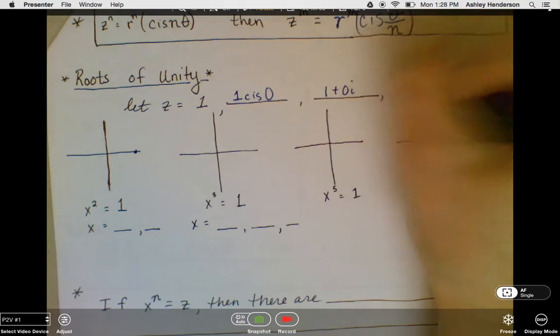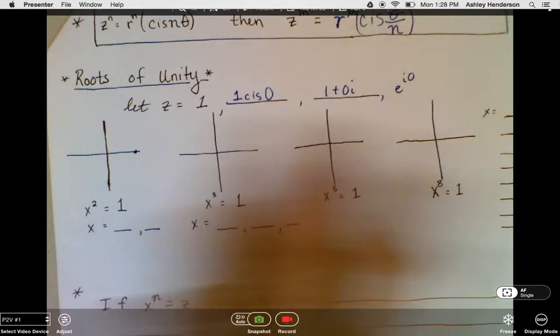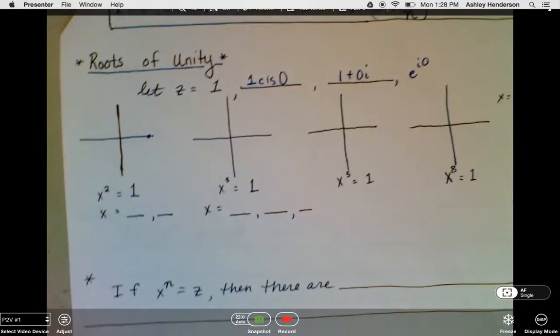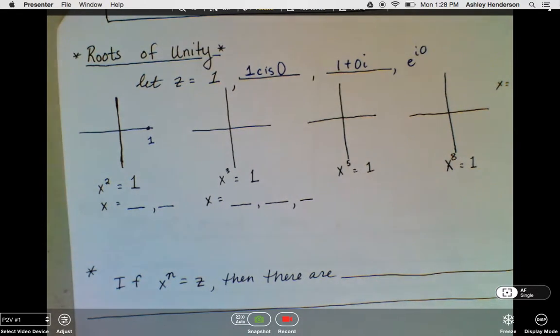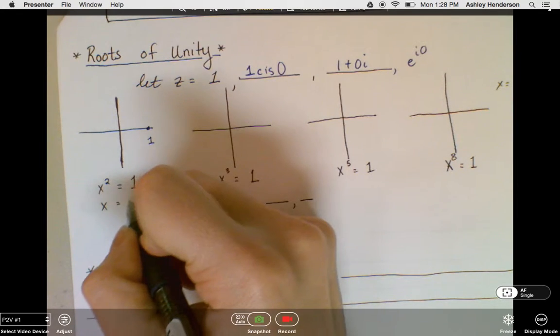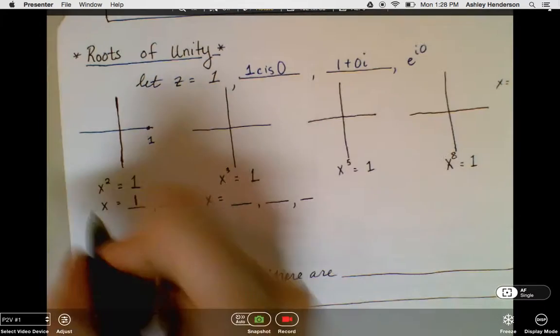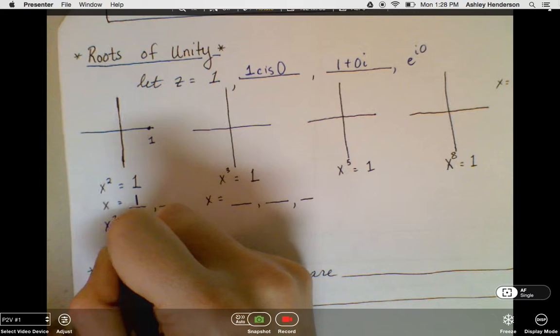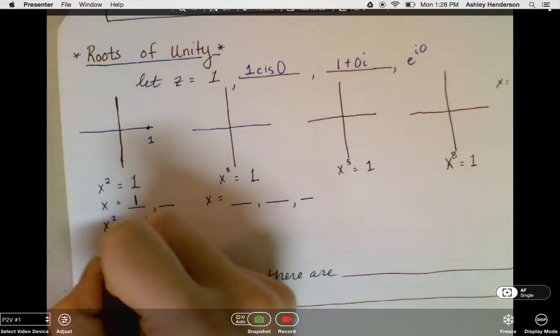And then if you're a little further along, you might say that that's e to the i 0, and anything to the 0 is just 1, so it works out. All those are different ways we can look at it. So we need our answer to end here at 1. Well, one of them we know. That's the easy one, right? 1. So x squared equals cis 0.